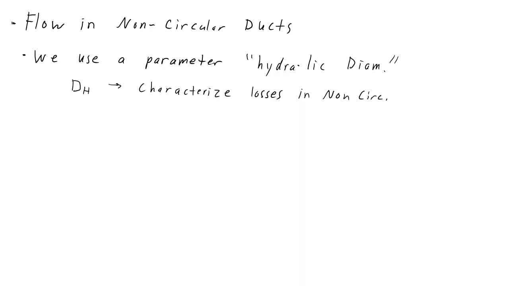So what the hydraulic diameter is, we'll do some examples here, but it's 4 times the cross-sectional area divided by the perimeter.